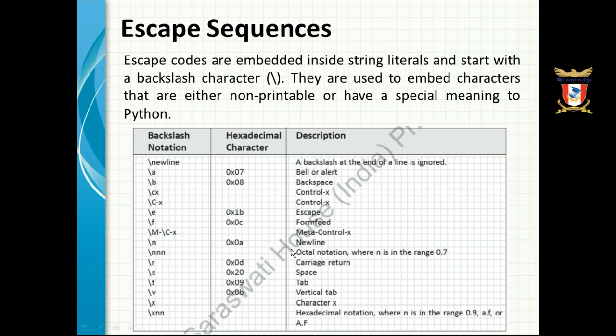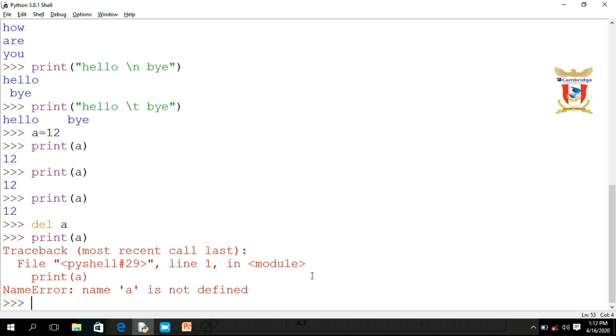We'll discuss one or two from this table. For example, backslash n is used to feed a new line. Backslash t is used to give a tab space. Backslash s is used to place a single space. These are all used inside a string literal.